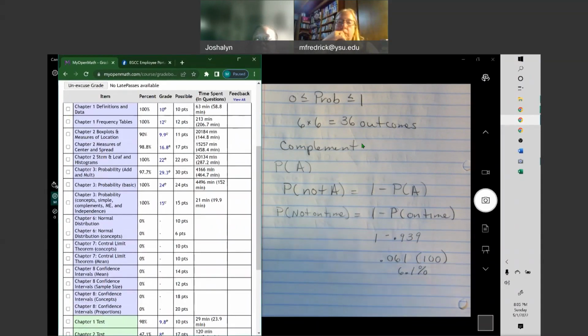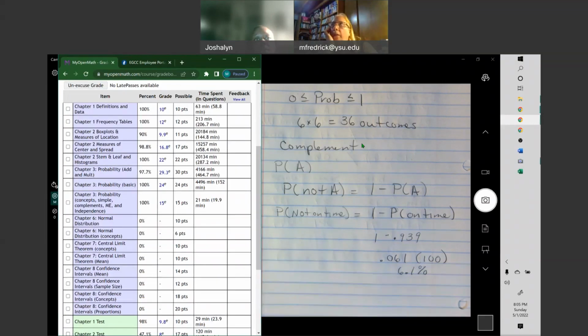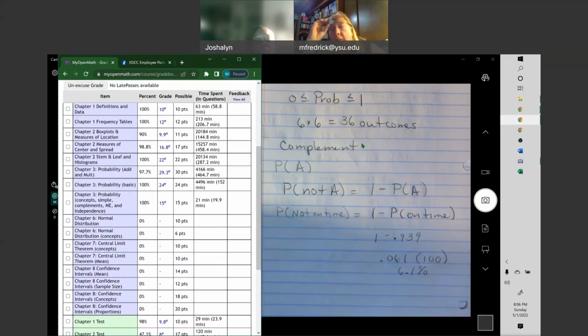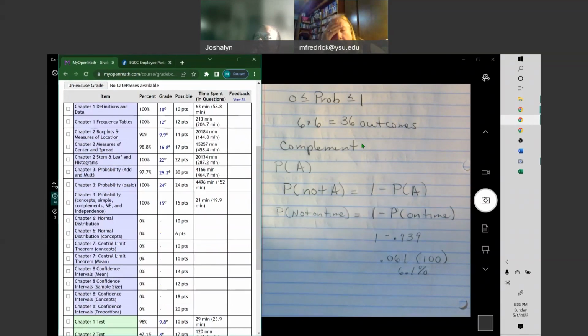This week, can you do evenings? Tuesday evening? Yes, Tuesday evening. Let me think. My daughter's got to go to a game. Of course, she doesn't have her license, so I have to drive her. You know what though? I could drop her off and go to my office because it's at YSU.